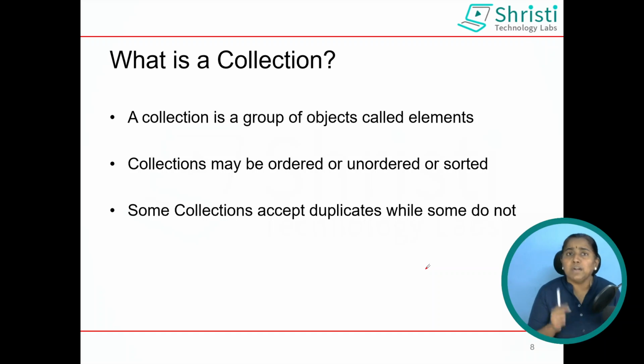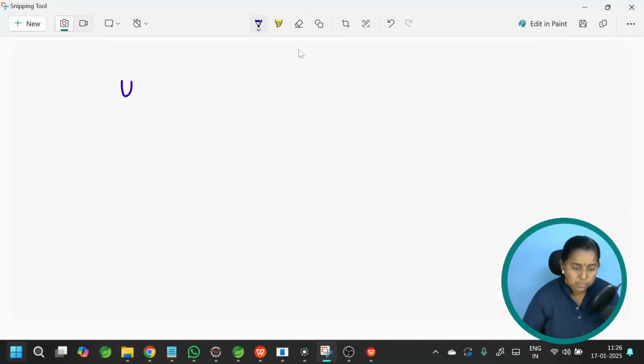Now tell me, what is the meaning of unordered? Let us understand the meaning of this word using a real example. So, collections can be categorized as unordered, ordered and sorted.